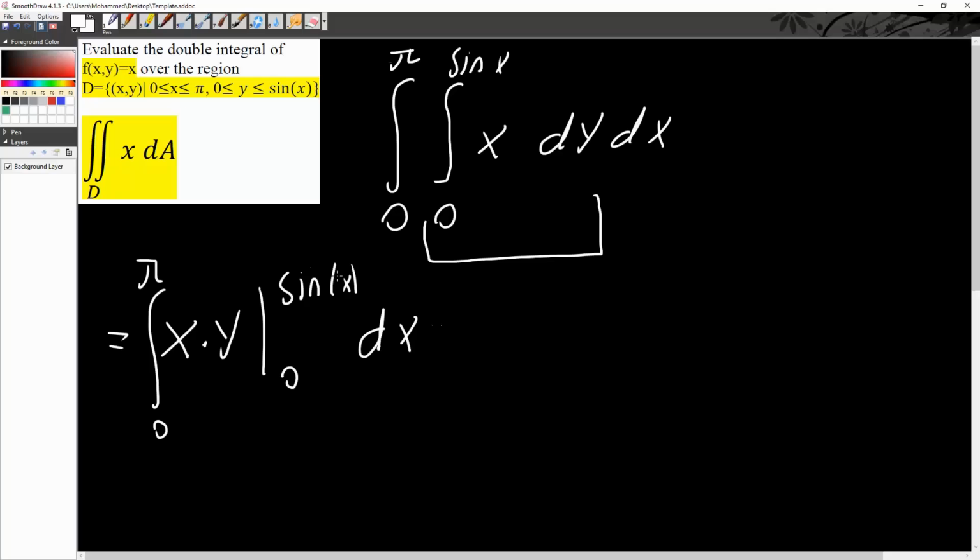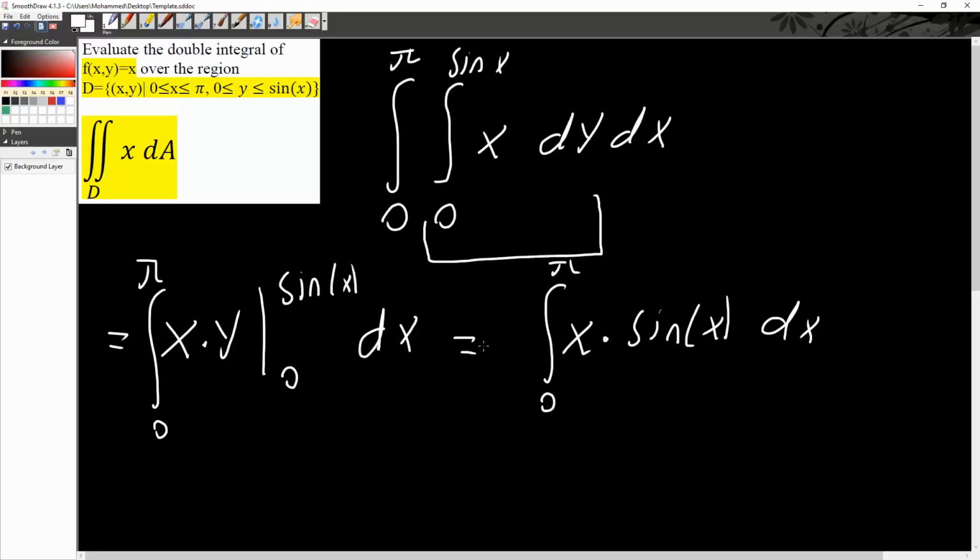Now we're essentially plugging in sine x and 0 for y. And so what we're going to get is the integral from 0 to pi of x times sine x dx. And we don't have to worry about 0. If we plugged in 0, it would have been 0.